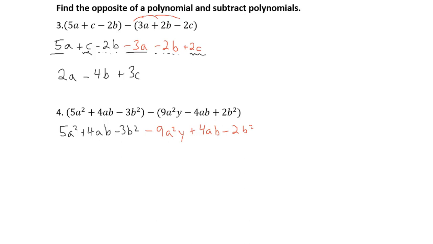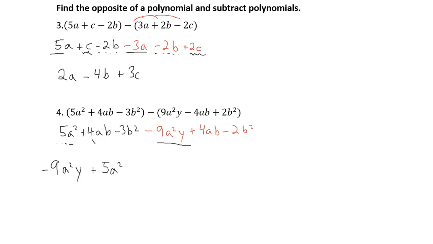All right, so we have a squared and a squared y. So those are not like terms, but we're going to take this a squared y, put it out in front. And then we're going to look at this a squared that doesn't have any matching, so plus 5a squared.